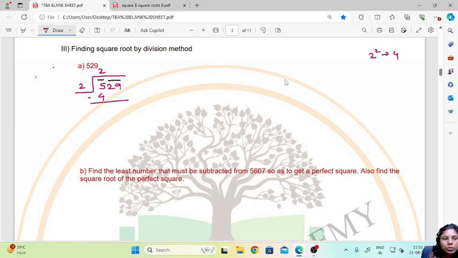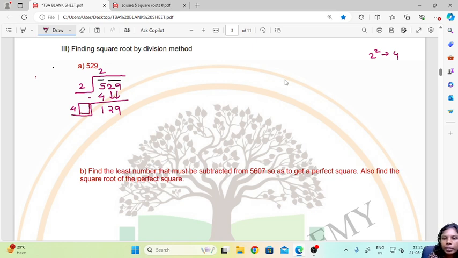Okay. So here we'll get 1. Now you pull down both of these numbers down. So we get 129. Now the next step over here is that this number which is left over here, you have to double this number. Okay. So double of 2 will be 4. So 4, and you leave some space over here. Now how do we find this number?